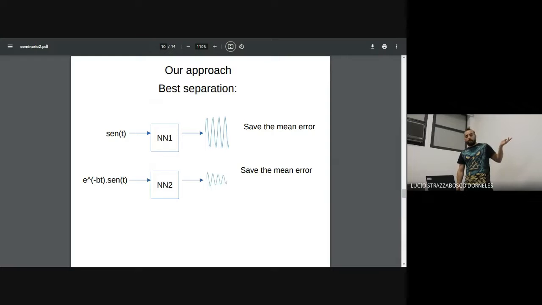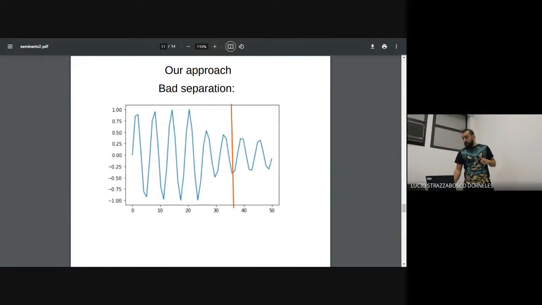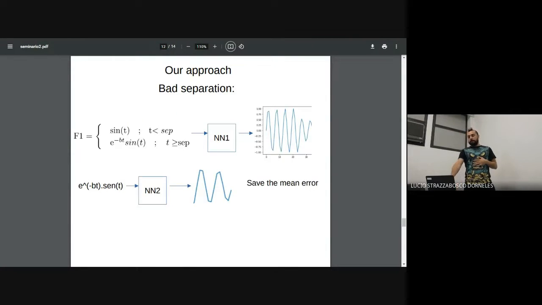The neural network will fit all the points of the sine and all the points of the damped sine, and then we save this error value. But if we do another separation, like here, for example, we have two different functions: the first function starts as a sine and then turns into a damped sine, and the second function is the same.